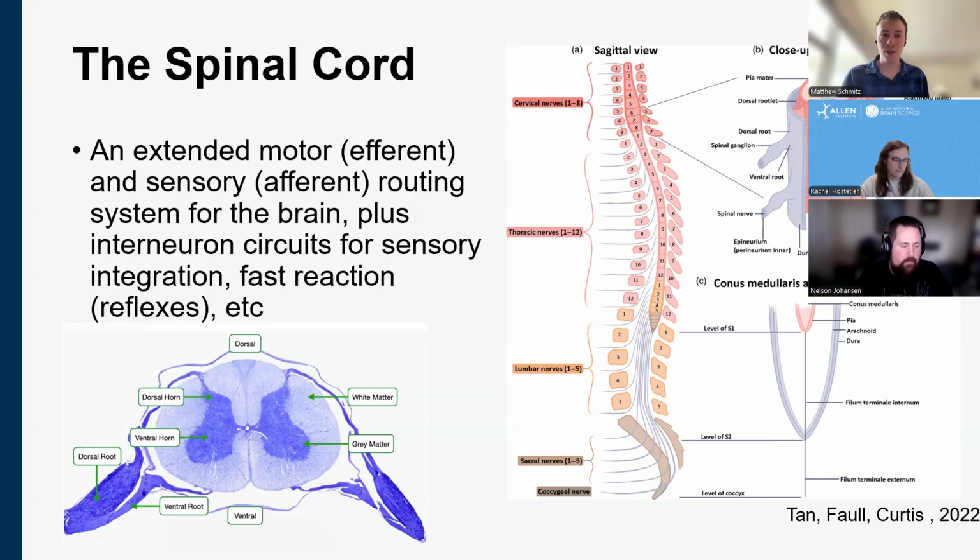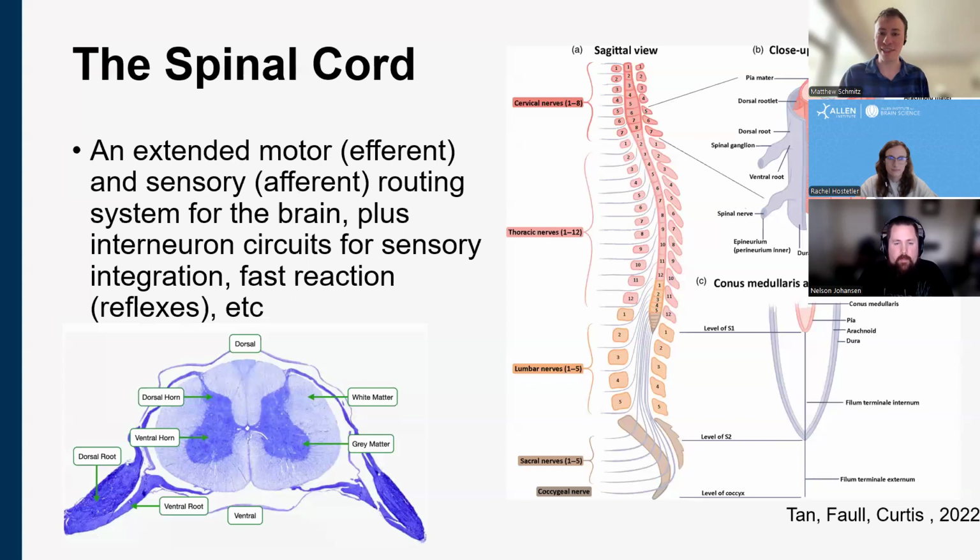The flow of information is that information comes in through the dorsal part of the spinal cord, in the dorsal horn, which we'll talk about today. And then information goes out through motor neurons in the ventral horn of the spinal cord. The spinal cord is divided into segments, where each segment, the fibers that come from it are bundled into a nerve, which goes out through a corresponding vertebra.